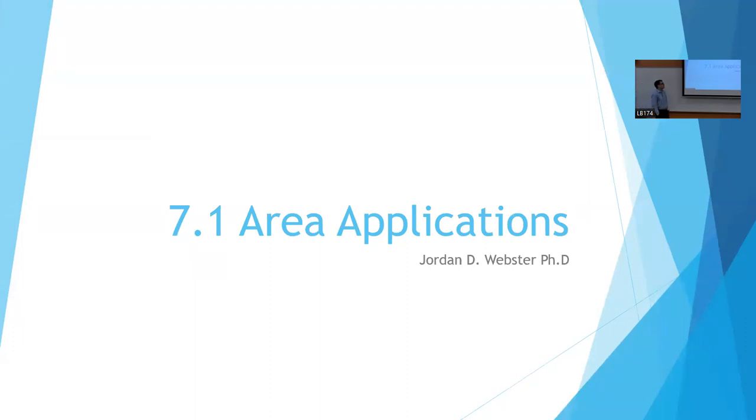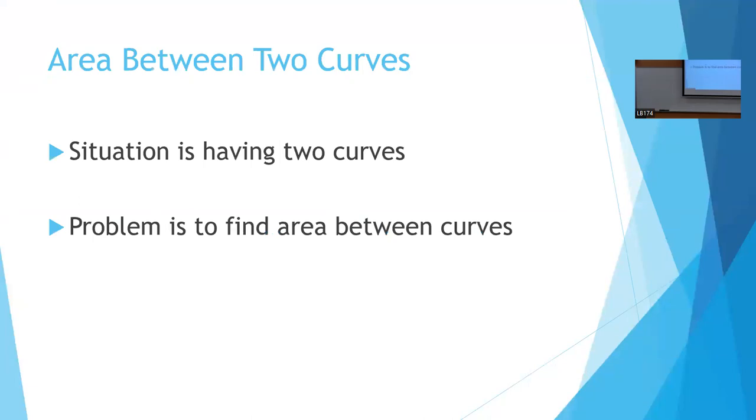So 7.1 starts out with area applications. The situation here is we have two curves. Think of two functions graphed out.